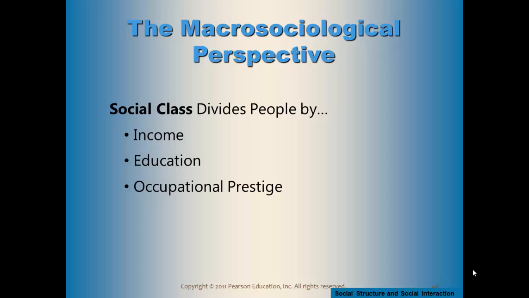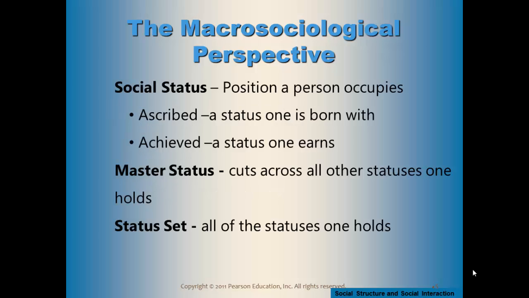So education, occupational prestige, and income are elements that help to divide individuals in a culture and group them into social classes.